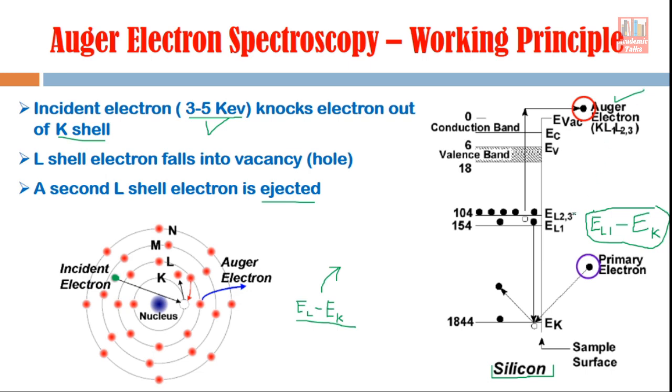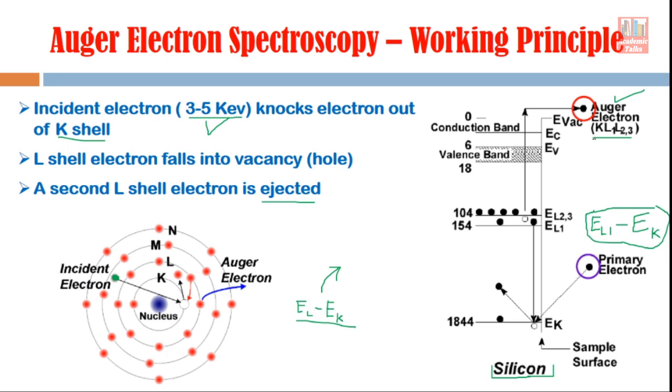And the transition which has occurred here involves the K shell and the L shell. That is why this transition is named KL1L2,3. Because it involves these shells: it involves the K shell, it involves the L1 shell, and it involves the second L shell which is L2,3.